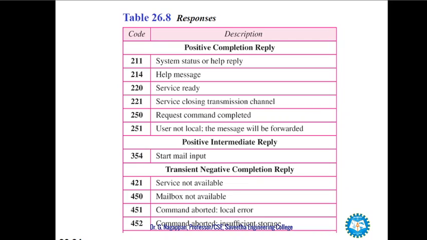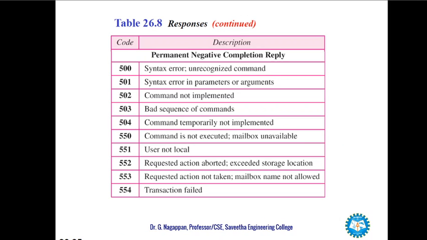So there can also be responses to these things. In case service is not available, mail not available, service ready, there can be a positive completion reply, 250 and so on, and there can also be negative replies for this SMTP protocol, for what we sent, right?